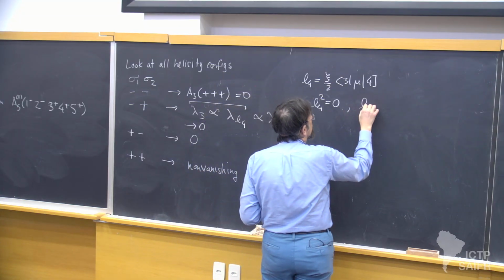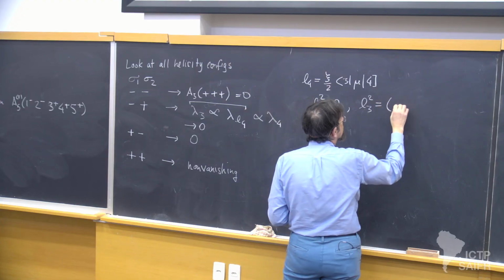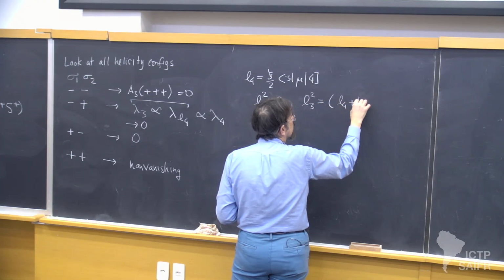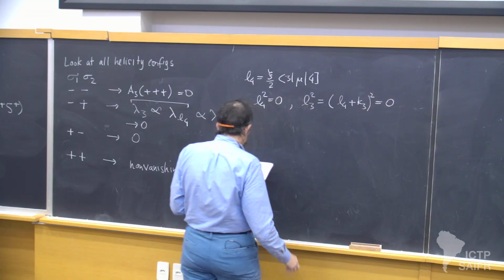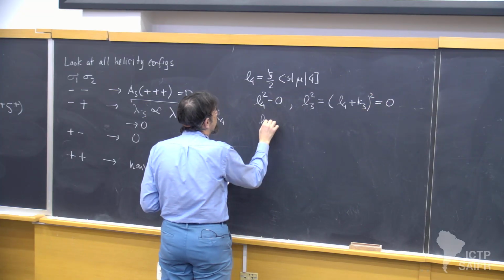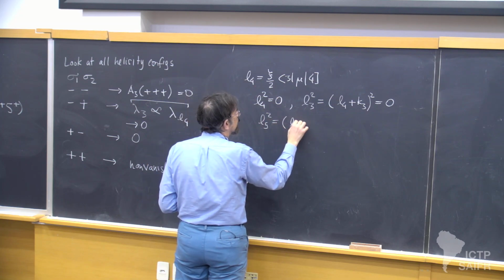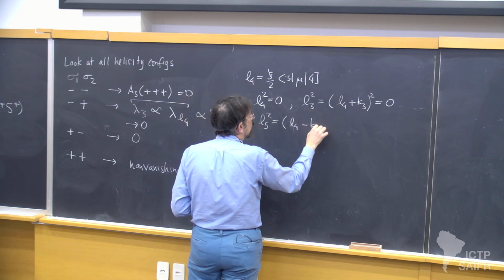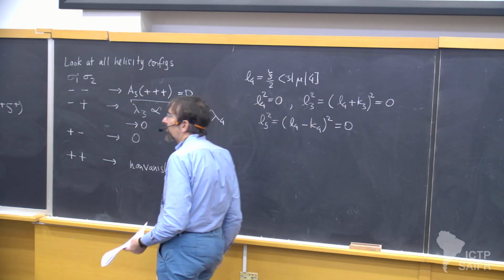And then if we look at L3, then we find that that's, of course, L4 plus K3 squared, and so that also is automatically going to be 0. And L5 squared is going to be L4 minus K4 squared, and again, that's automatically going to be satisfied.